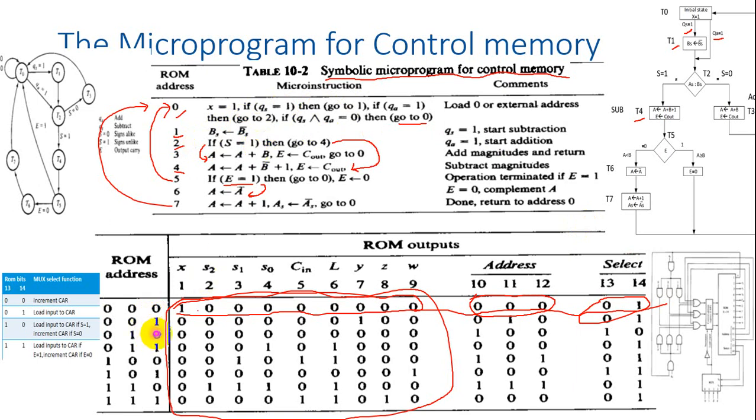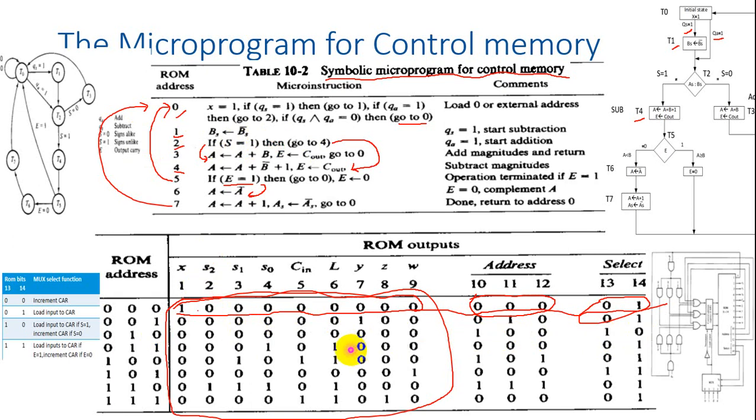If you come to T2, then from T2 what do you do? You see, from T2, if S equal to 1, then go to T4, and if S equal to 0, go to T3. Okay? So look at over here. When you come to T1 or T2, look at over here, at T2 we have given 10.